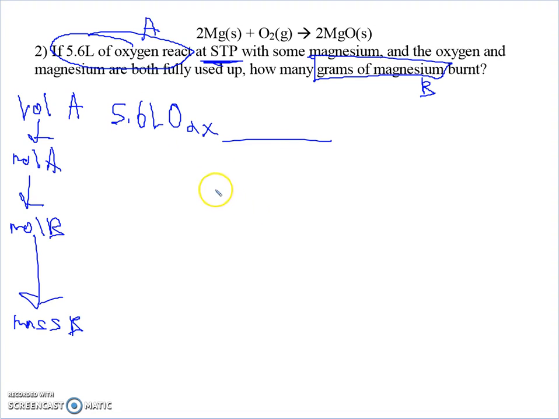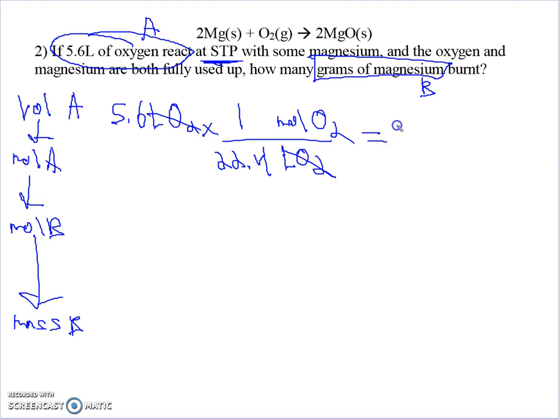Alright, here's our 5.6 liters of O2. Pause it, set up the conversion. Once you're done, unpause the video. So to do this, we do liters of O2 to cancel out, and we're going to put moles of O2, it's still A, on top. It's at STP, which means 1 mole of O2 is equal to 22.4 liters.